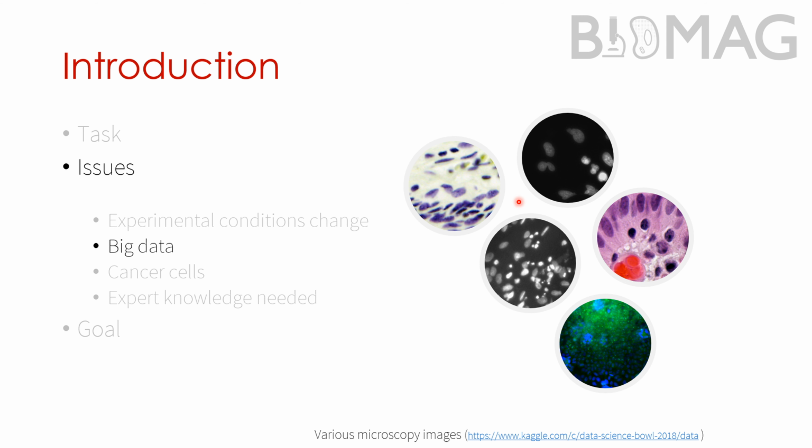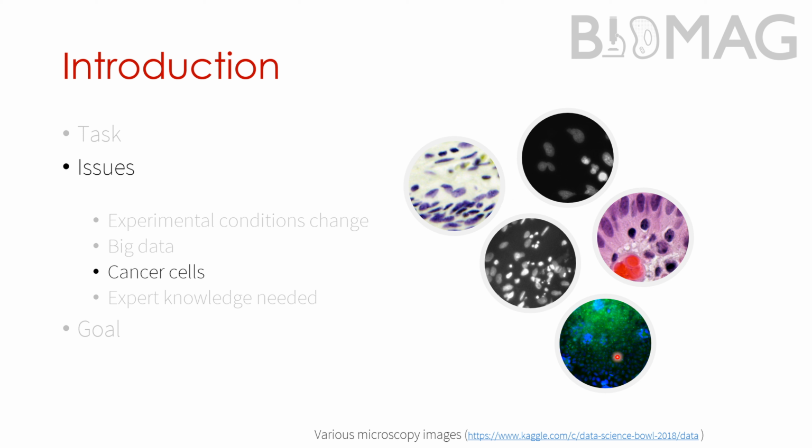Next, in typical high throughput experiments, the amount of data we need to process can contain many plates, even thousands of images, and even terabytes of data, so we need software solutions that can cope with that. Also, very typically in our biological image processing area, we need to deal with cancer cells, which tend to grow on top of each other.